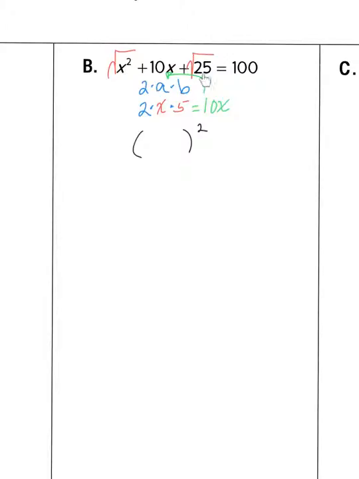So the square roots of these, x and 5, are going to go here. And then the sign of the middle term goes here, which is plus. And then equals 100.